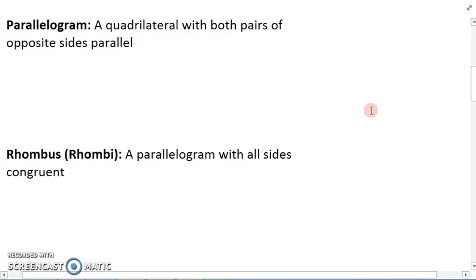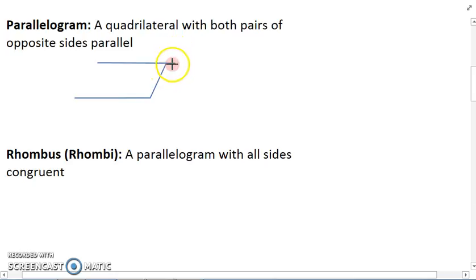So now, a parallelogram, a quadrilateral with both pairs of opposite sides parallel. So, let's try to draw a parallelogram. Again, pause the video if you want to draw this parallelogram, but I'm going to keep going. So, I'm drawing two lines that are parallel. It might not be perfect, but then connect them.